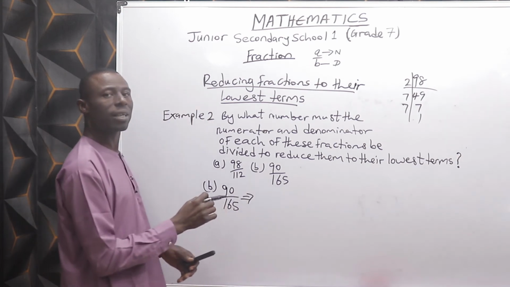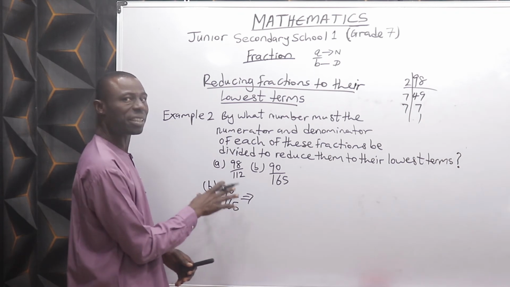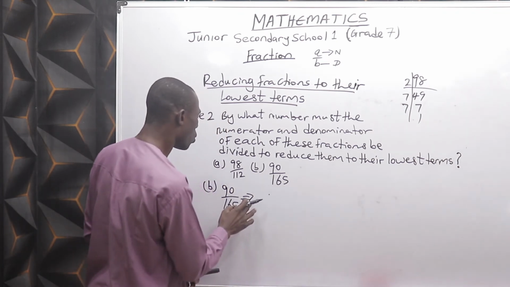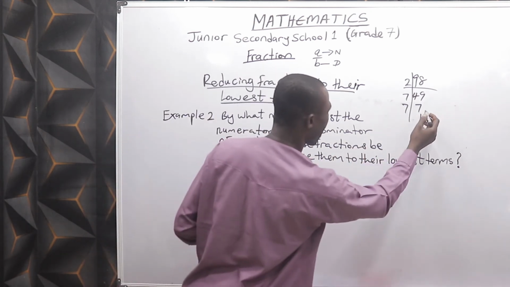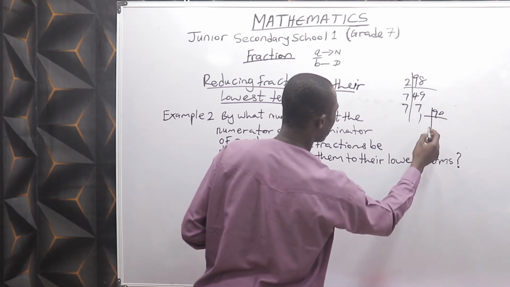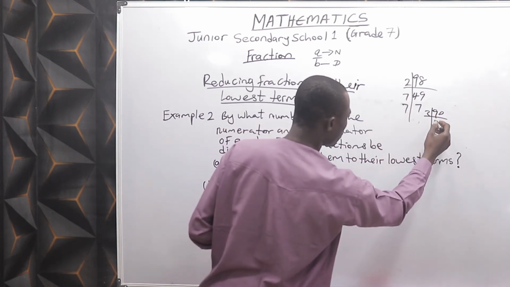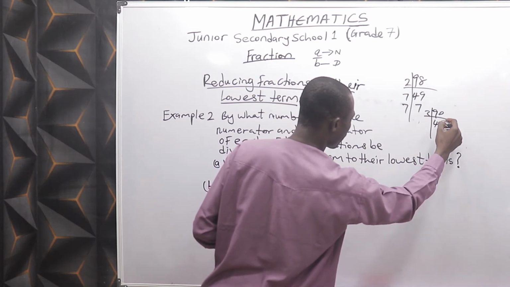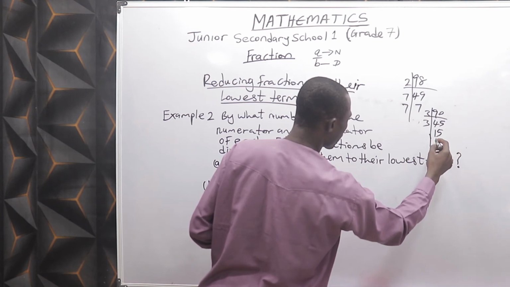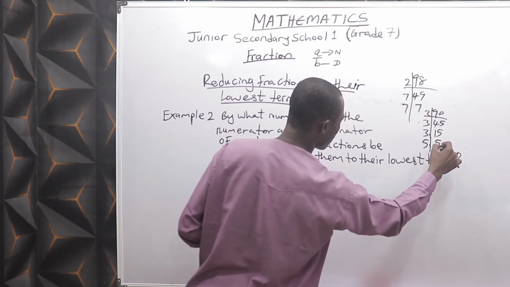To discover the number that must divide the numerator and the denominator at the same time, you break 90 into factors, just like 90 divided by 2. Just like we did here the other time, 2 in 90 is 45. 3 in 45, that's 15. 3 in 15, 5. 5 in 5 is 1.